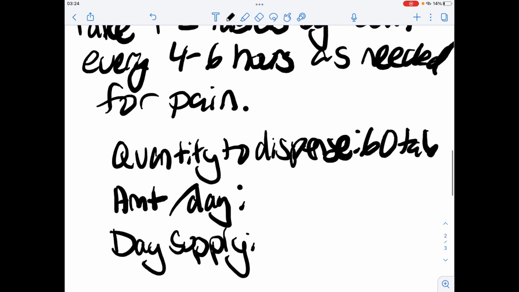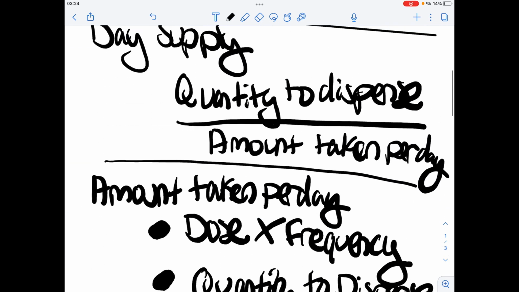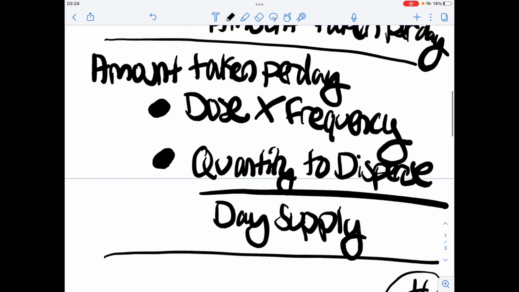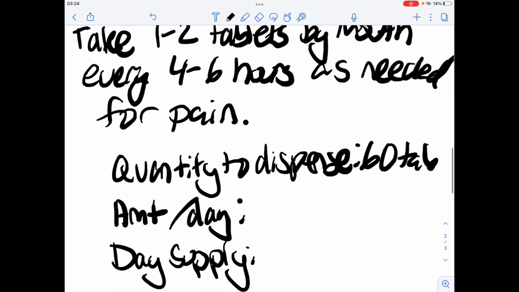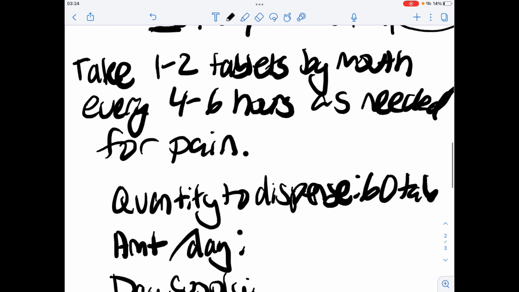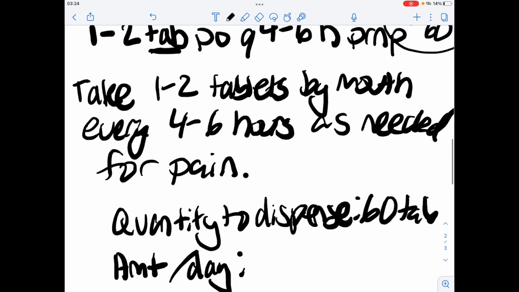Okay, so amount taken per day, remember, is dose times frequency. I'm going to be using this equation right here. And we always want to calculate these things based off the max amount. So here, take 1 to 2 tablets. We know that our 2 is going to be the max amount every 4 to 6 hours. If you're taking it 4 hours versus 6, it's going to be more.